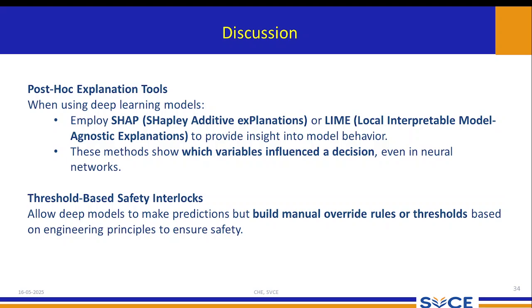So how does SHAP work for deep learning? SHAP values are based on game theory, where each input feature is considered a player and the model prediction is the game output. They quantify how much each feature contributes to the overall prediction. For deep learning models, the SHAP library provides the DeepExplainer class.